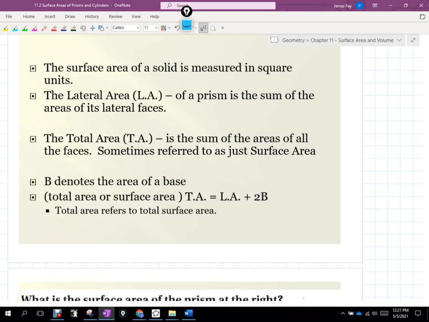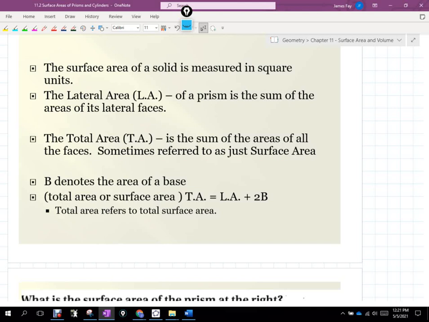Our textbook, like I said, sometimes uses total area, sometimes it calls it surface area. They're the same thing. TA and SA, total area, surface area, they are synonyms for one another. As we go through some of the problems, we're going to talk about capital B. Capital B is the area of a base. Now that formula is going to change.